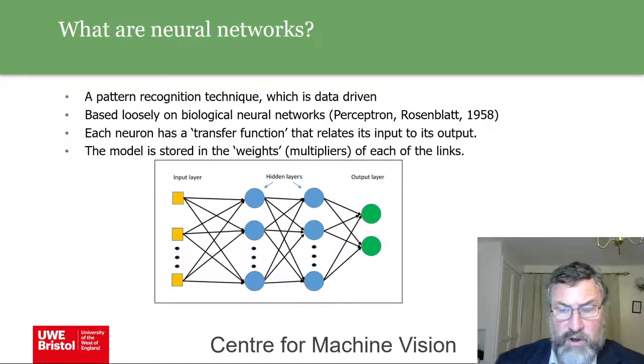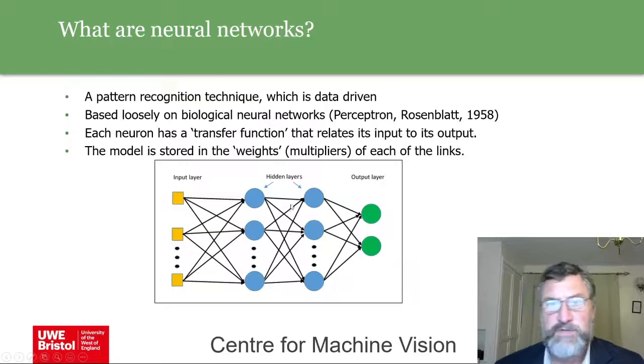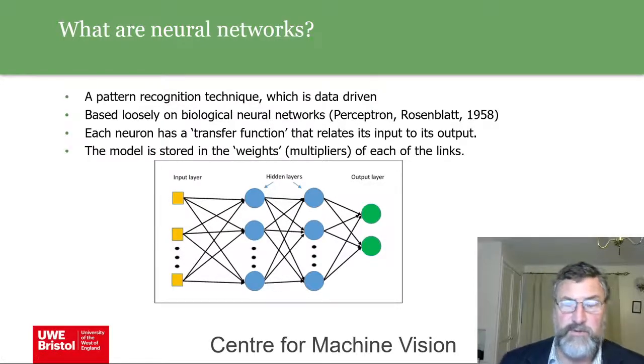Each neuron inside, these nodes of the neurons, has a transfer function that relates its input to its output. So the value that goes in is related to the output. If you had a linear one, it would just be a straight line. But we want a nonlinear one because we want to model nonlinearity, because it's very common in industry to have nonlinear situations.